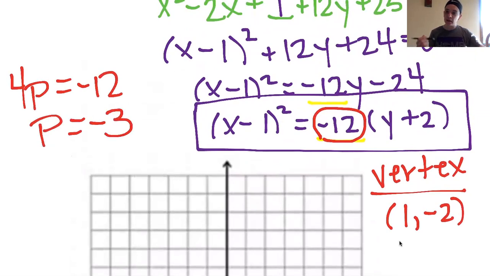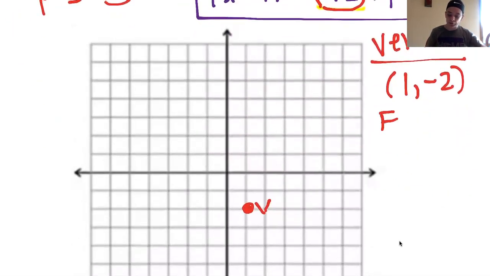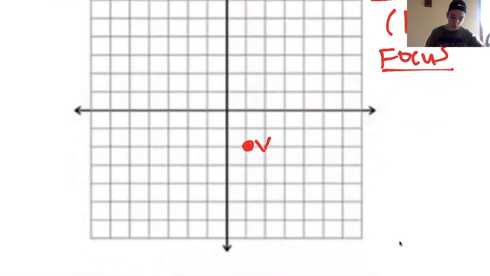Okay, that negative is telling us that our parabola is opening the other direction. So in this case, it's opening down. So when I go to plot my focus, that's the direction that I'm going to go. Negative 3, I'm going to go down 1, 2, 3. So our focus is actually at 1, negative 5.